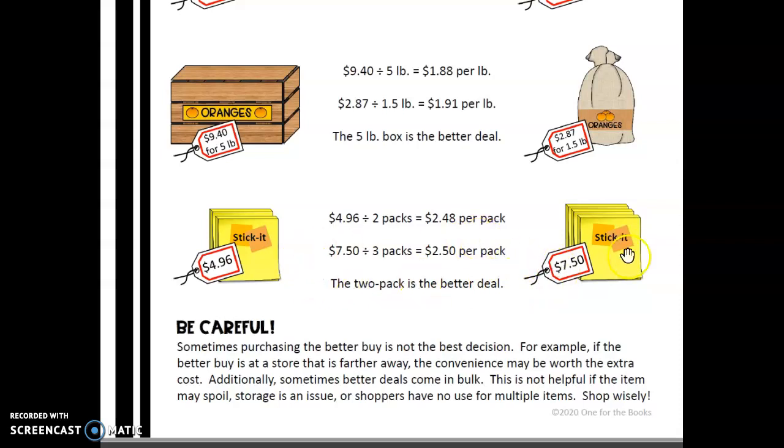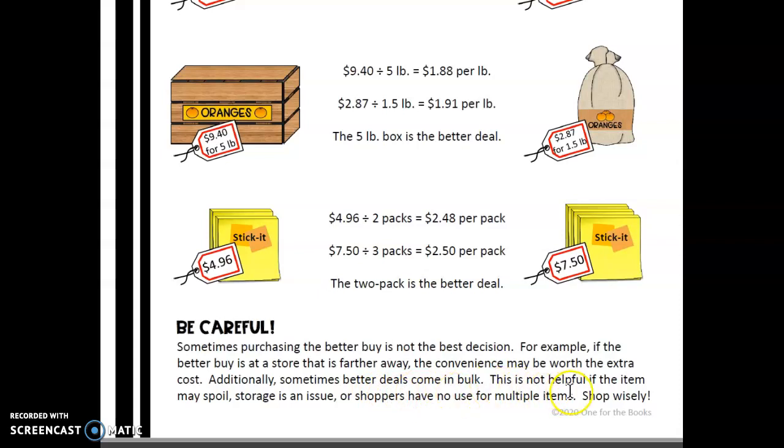So they had a 2-pack and a 3-pack. But now look, it says, be careful. Sometimes purchasing the better buy is not the best decision. For example, if the better buy is at a store that is farther away, the convenience may not be worth the extra cost. Additionally, sometimes better deals come in bulk, like at Costco.